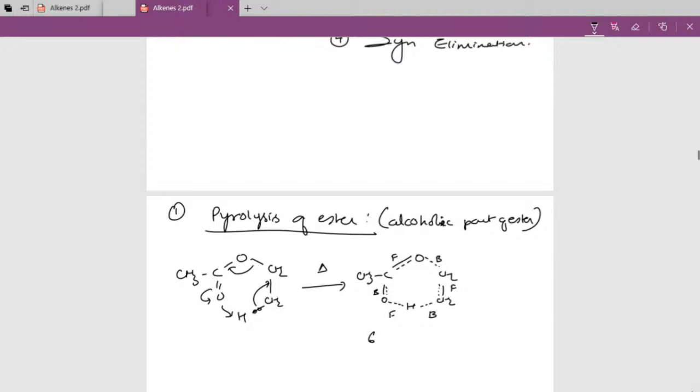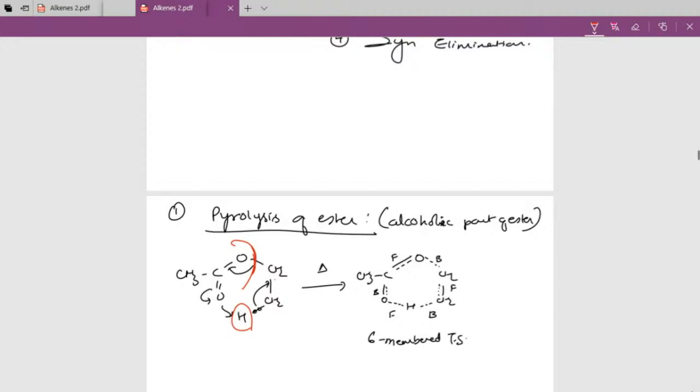So here is a 6-membered TS. Now you can see in this TS formation itself, with respect to this newly forming bond, the 2 leaving groups are on the same side. They have to be from the same side. This elimination has to be from a syn periplanar conformation.